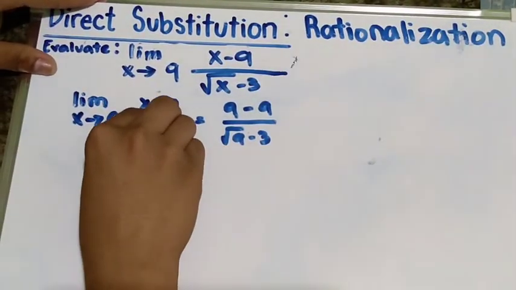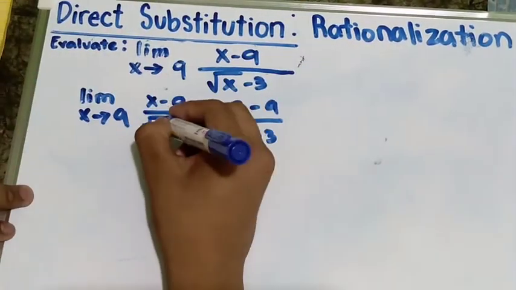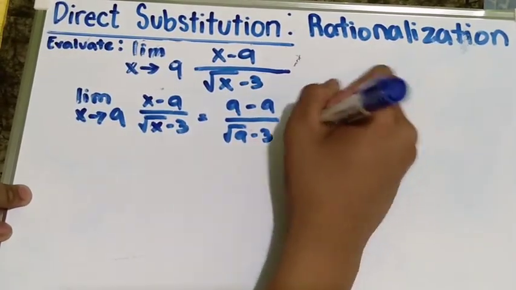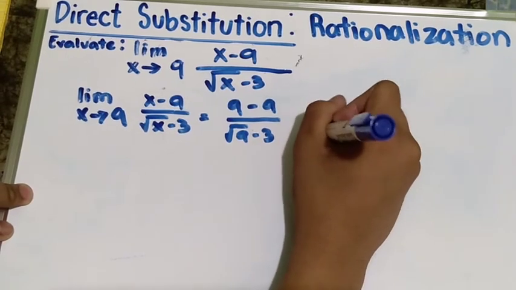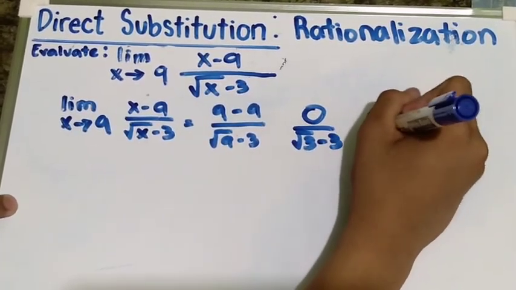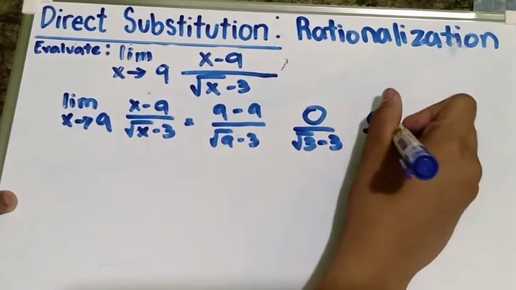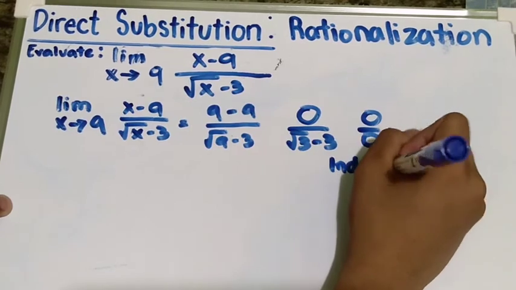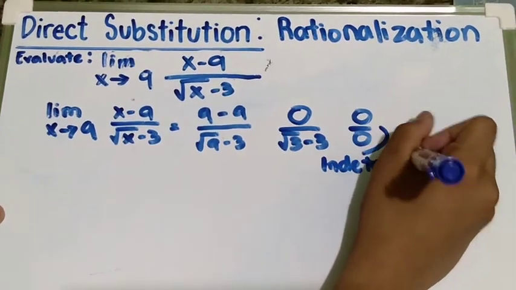So the square root of 9 is 3, and 3 minus 3 is equal to 0. So 0 over 0 is an indeterminate form. So it's not done.